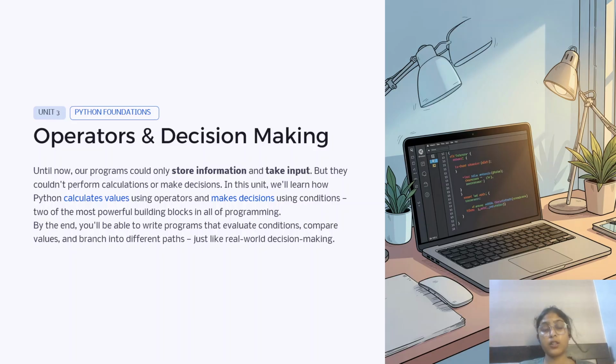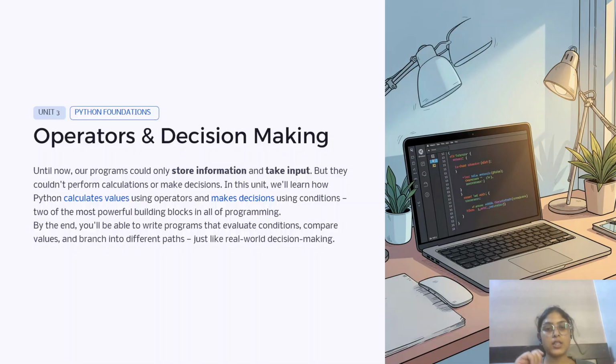So please listen very carefully. Today's lecture is extremely important. I request everyone to keep VS Code open and practice side by side, because today we will do a lot of live coding.